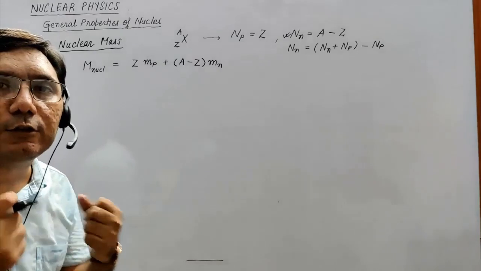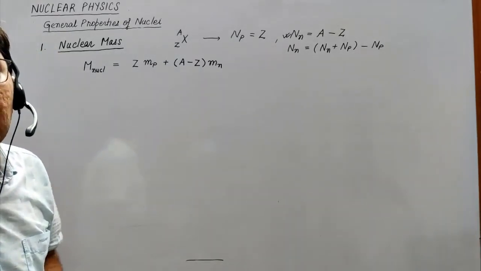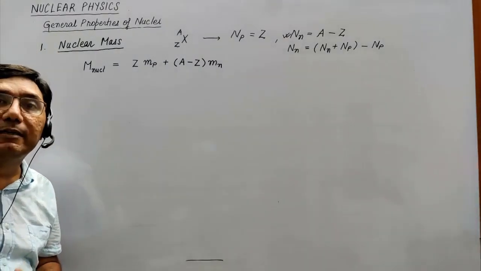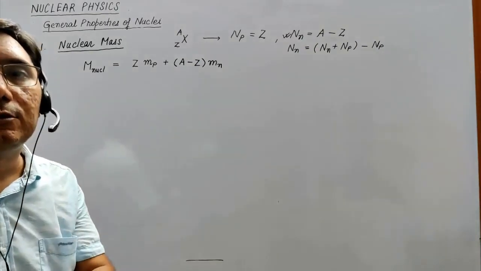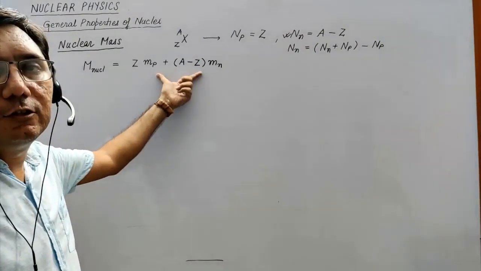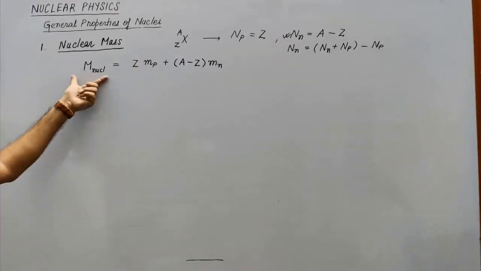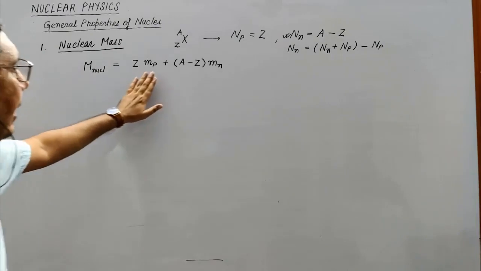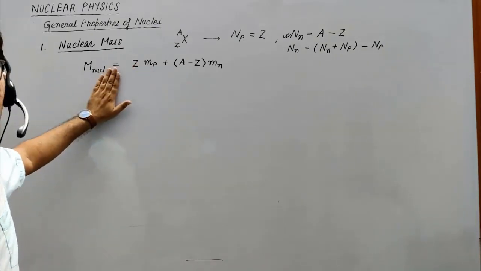So these two terms give us the mass of the constituent particles. A nuclei is made up of two types of particles, protons as well as neutrons. So this is the mass of the constituent particles. This should be equal to the mass of the nuclei, but experimentally this is not true.